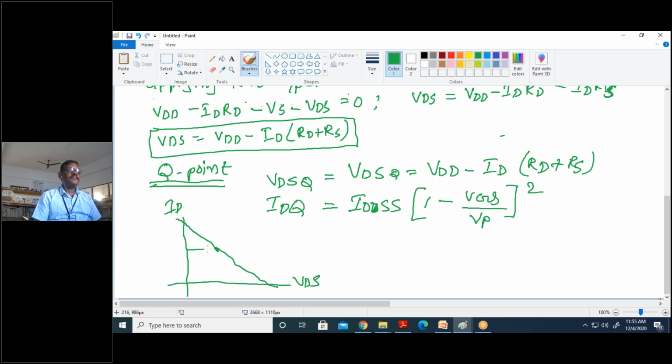So on the load line, the center point to x-axis is called VDSQ, and on y-axis IDQ. So this is called Q point. Q point is nothing but operating point. Okay. Next, fixed bias.